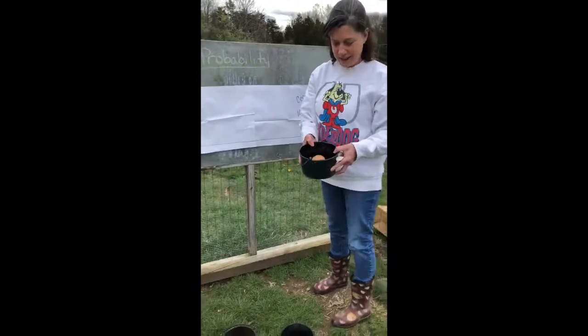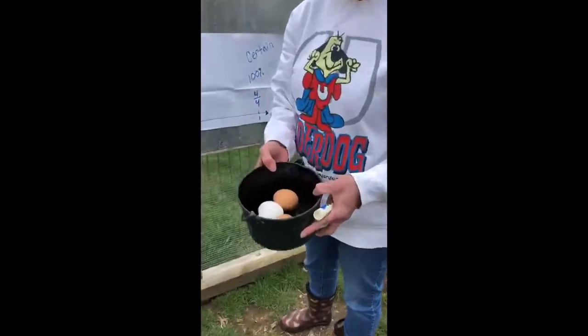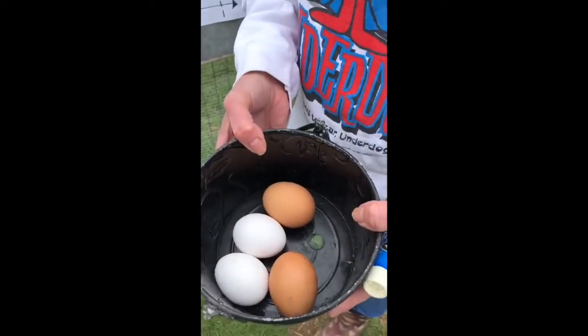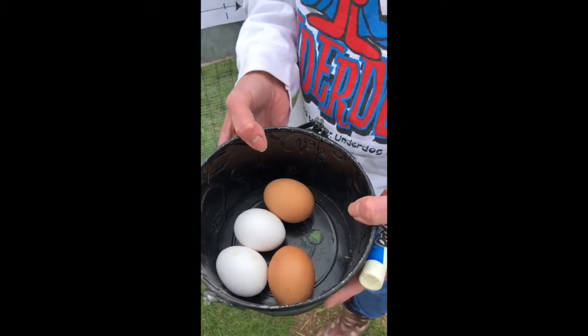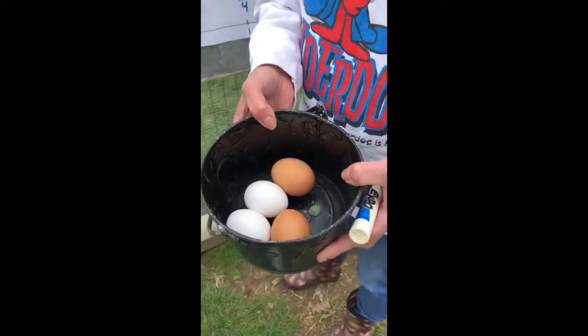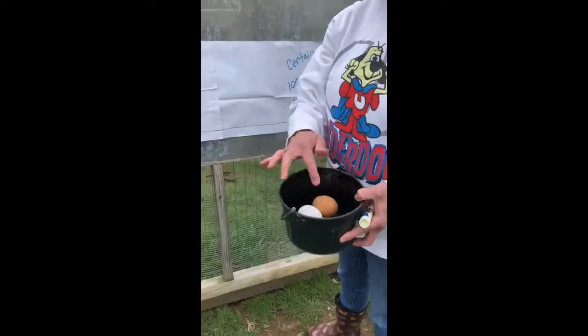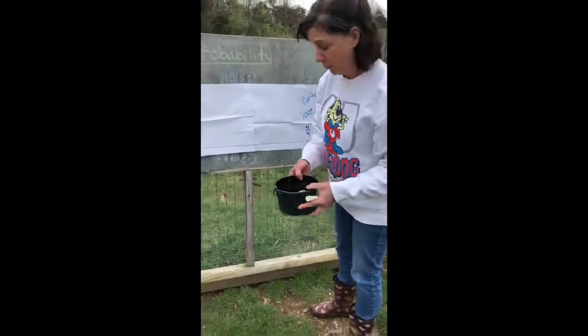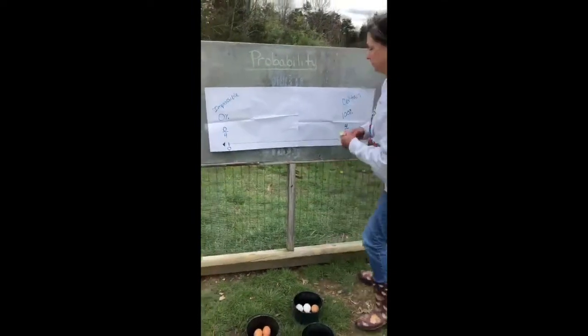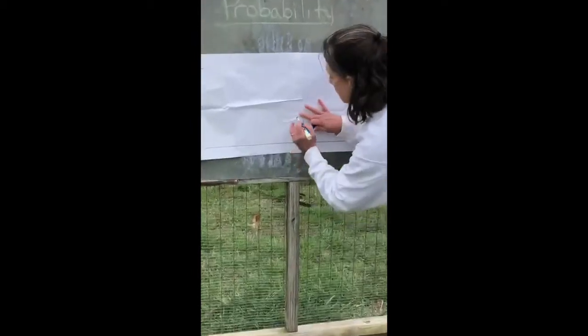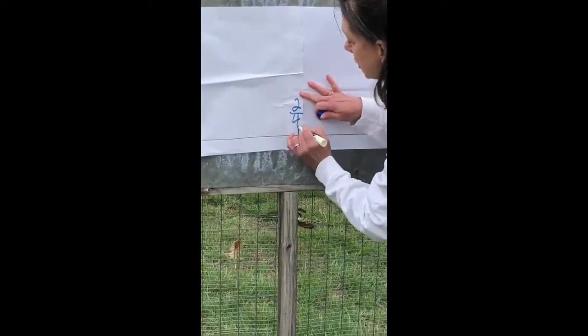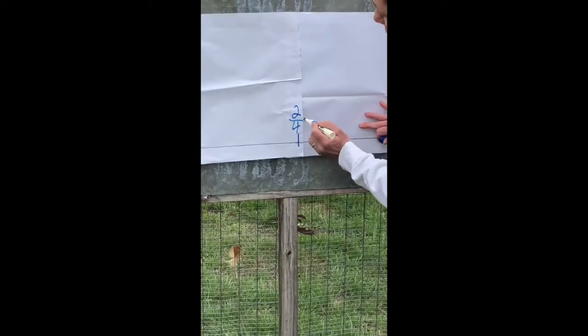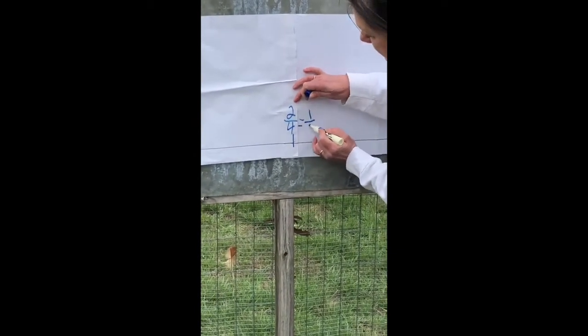But this bucket has 2 white eggs and 2 brown eggs. Again, I want to figure out the chances of picking a white egg. I'm going to write my probability ratio. There's 4 eggs, 2 of them are white. So that gives me 2 over 4, which we know, if we simplify, is the same thing as a half.